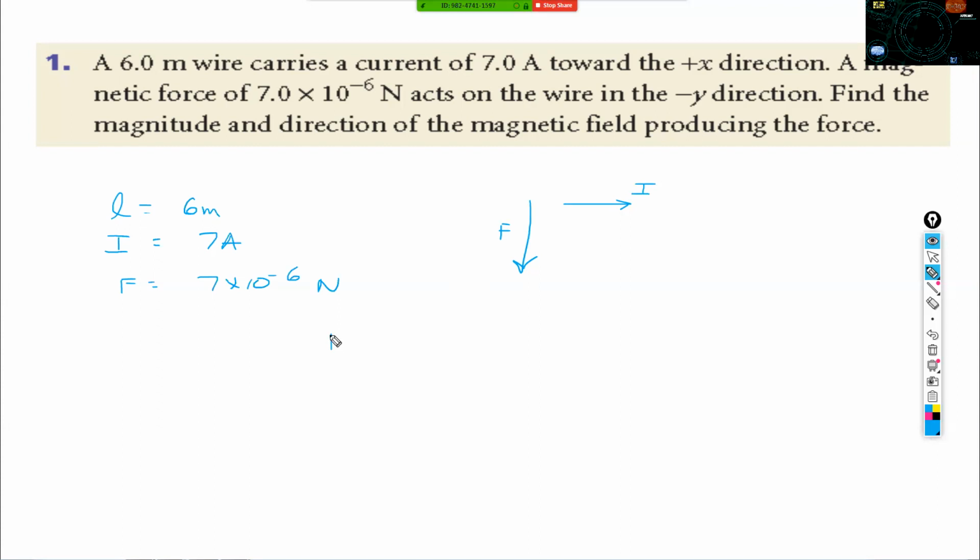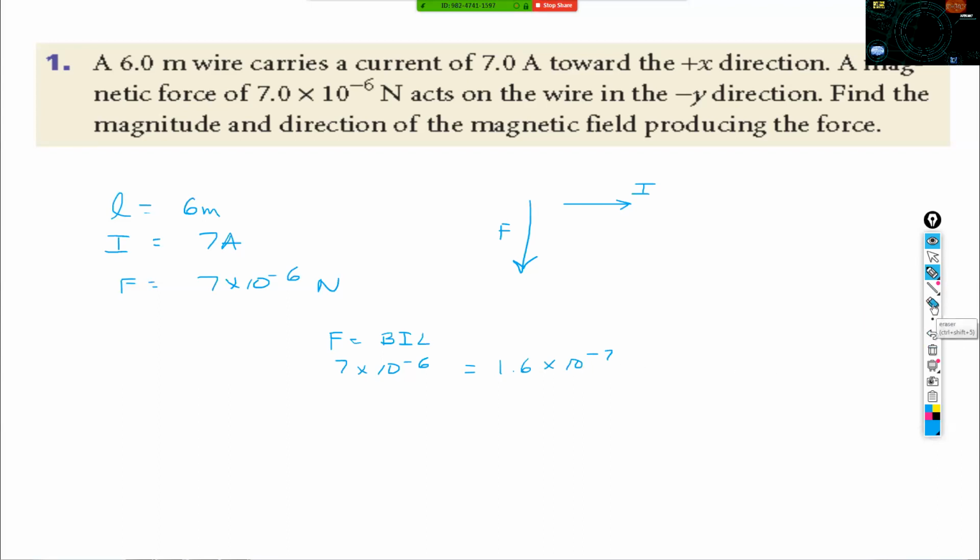Force is BIL, Bill. And you'll get 7 times 10 to the minus sixth, your magnetic field strength. Oops, I'm sorry.